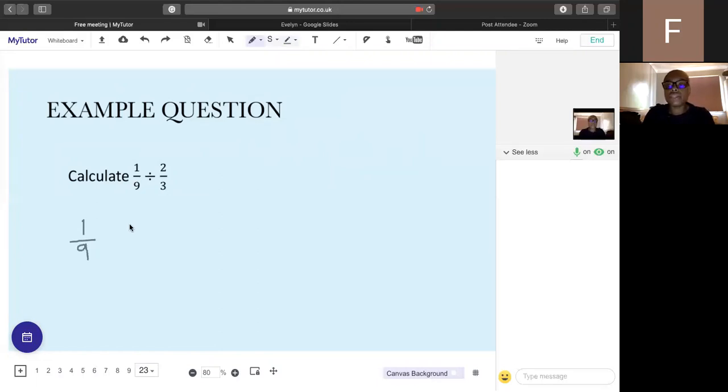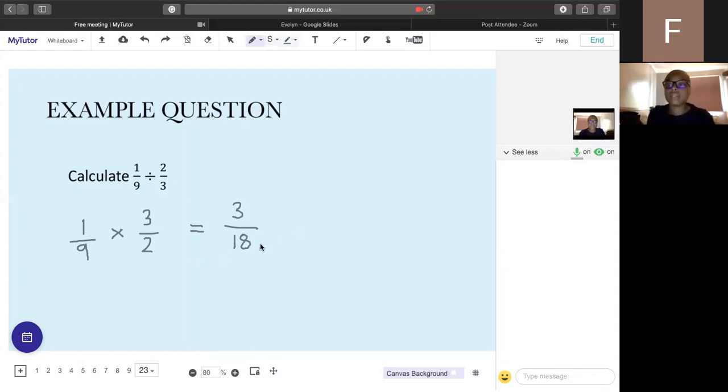Then we're going to change the divide sign to a multiply sign, and then we're going to flip. So we've got 3 over 2 instead of 2 over 3. And then we're going to calculate it. So 1 over 9 multiplied by 3 over 2. We've got 1 times 3, which is 3. Then 9 times 2, which is 18.